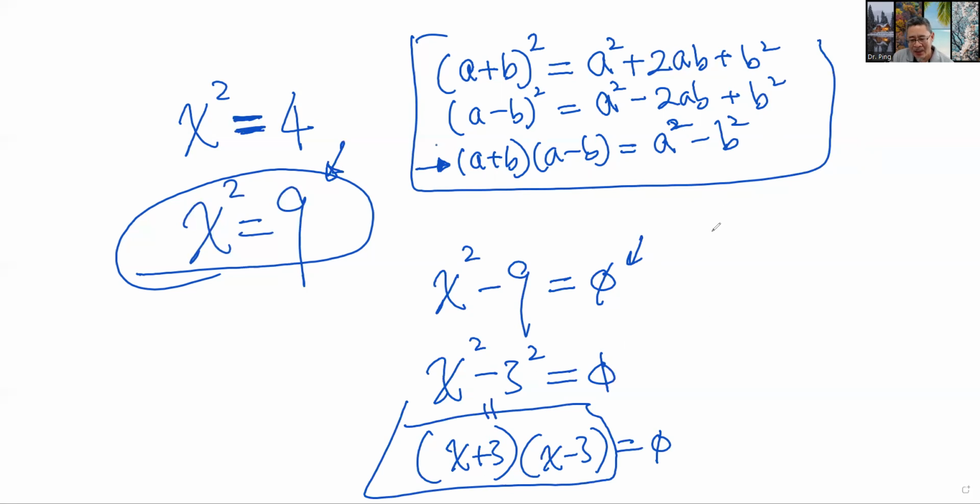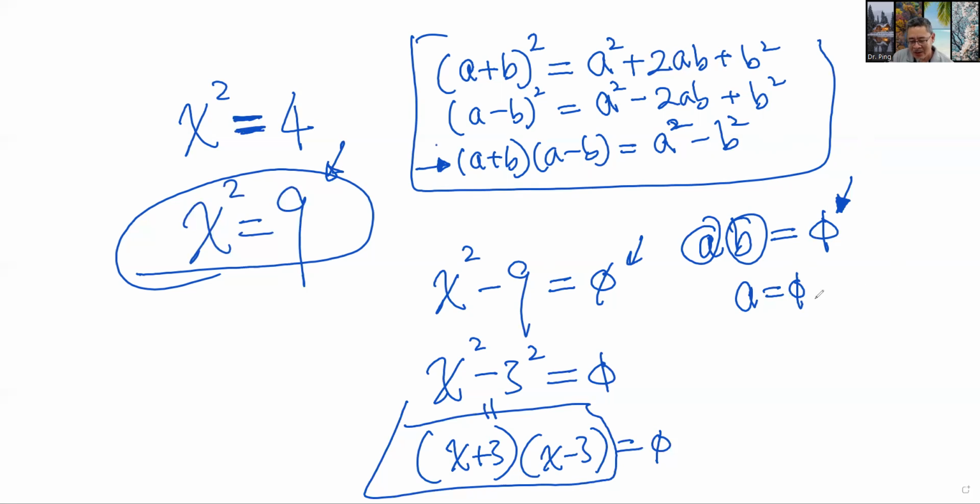This is something like when you have two numbers multiplied, let's say we have A times B equals 0. Basically it says a number times another number is 0. What could happen? Either A is 0, right? If A is 0, it doesn't matter what B is, because 0 times anything is 0.